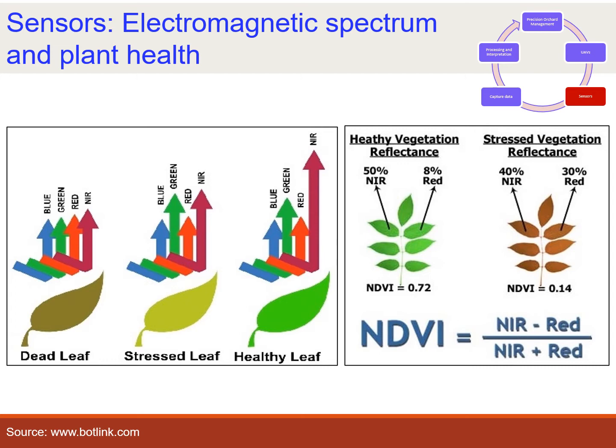And these differences in the reflectance of different wavelengths from leaves can be used to calculate different kinds of vegetation indices. For example, one can calculate indices to identify healthy leaves, stressed leaves, and dead leaves. And once we have these indices, we can link them with plant diseases and plant health.